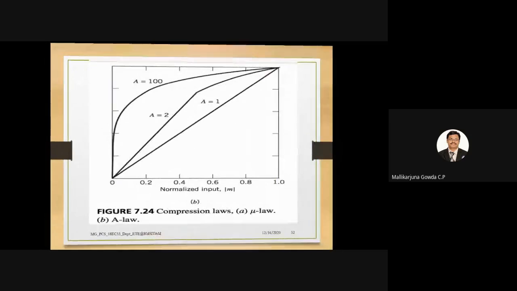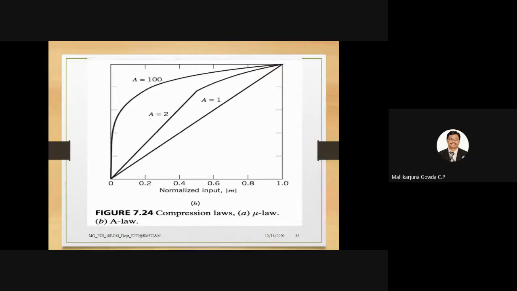Similarly, the other one is A law. When A is 1, it will be linear, which means it will be a uniform quantizer. When A is not 1, then it becomes a non-uniform quantizer. This is for A equal to 2, and this is for A equal to 100.